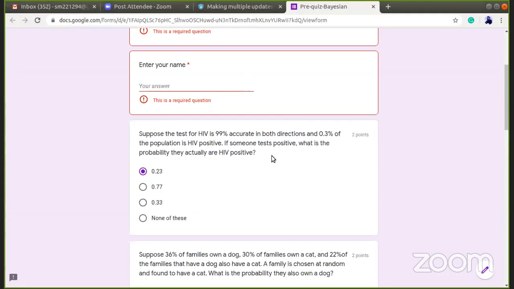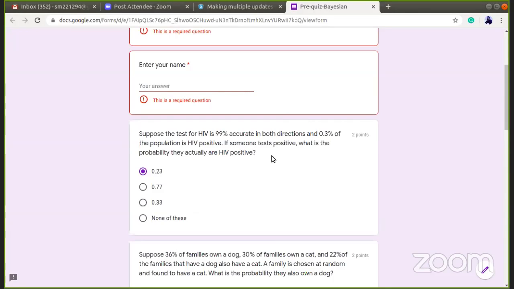I think someone has questions. Yeah, hi. So I have this question. When you say that some test has an accuracy of 99%, that means it is in both directions, so the results are true for 99% of the cases, right?